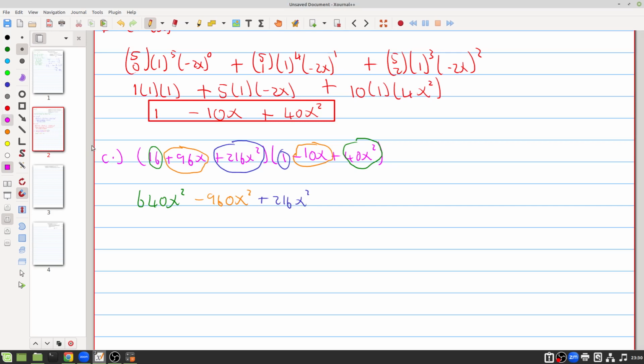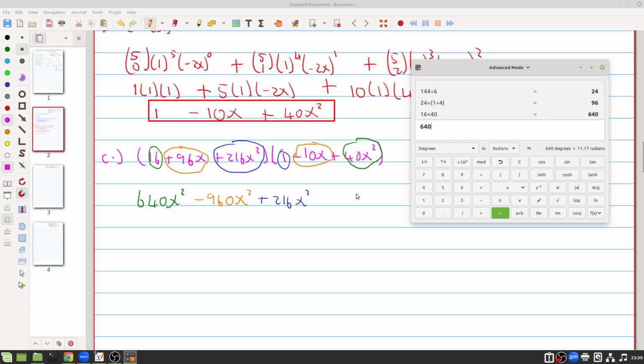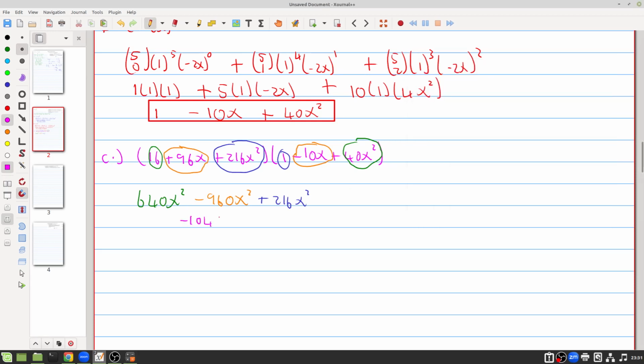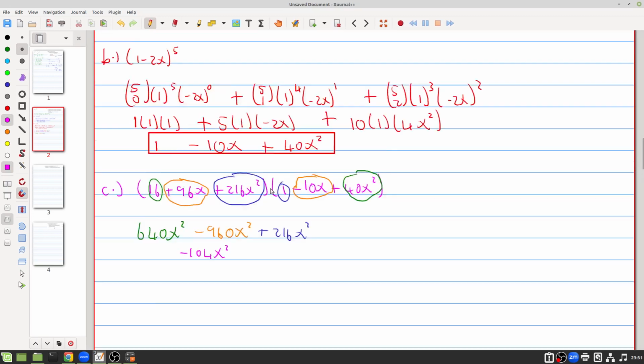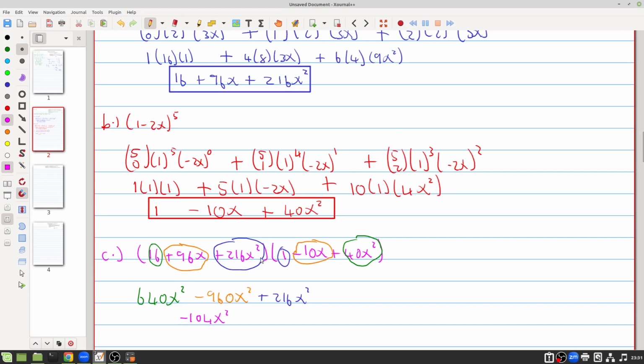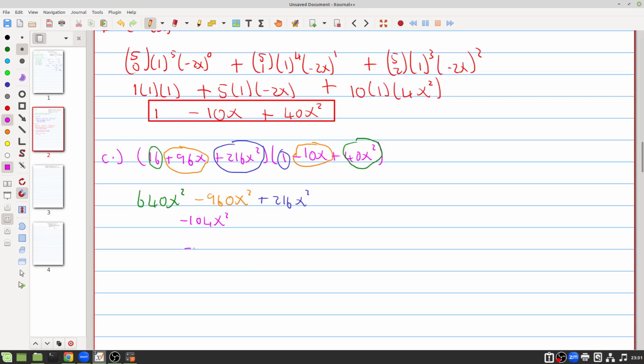And now we just add them all together. Okay, so 640 minus 960 plus 216. So that's negative 104. Negative 104x squared. And we are just looking for the coefficient, so it's just negative 104. That is the coefficient of x squared.